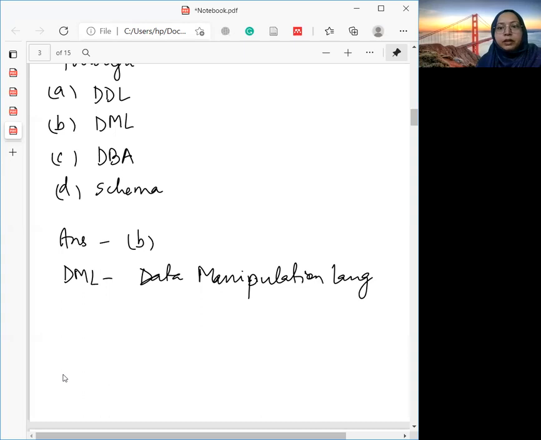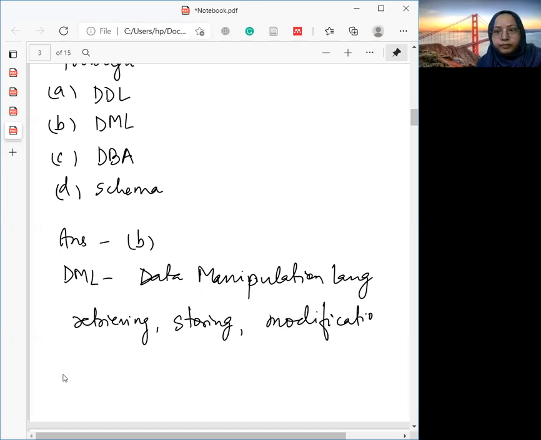It deals with the manipulation of data present in the database, like retrieving, storing, modification, deletion, insertion, all this comes inside this, okay?